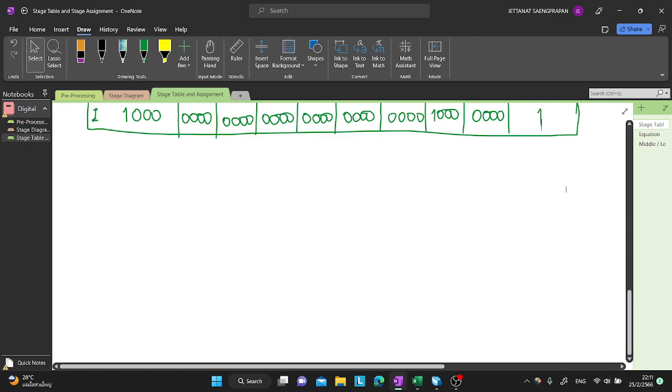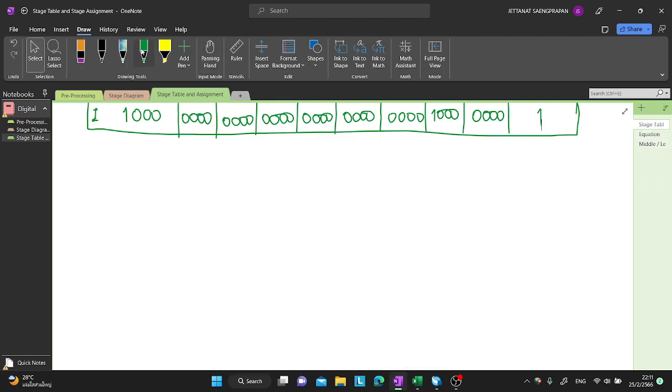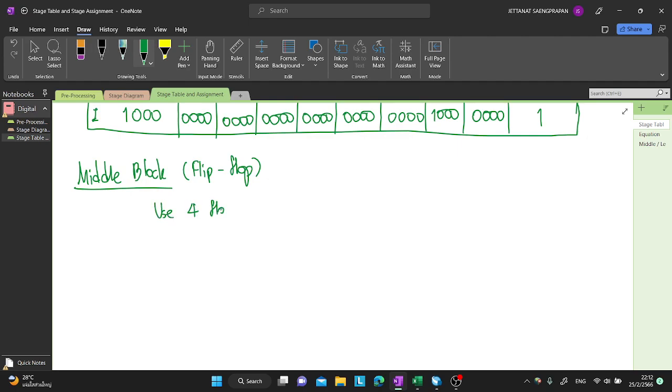The next step is designing the logic. Before I can do that, in the middle block is the flip-flop.